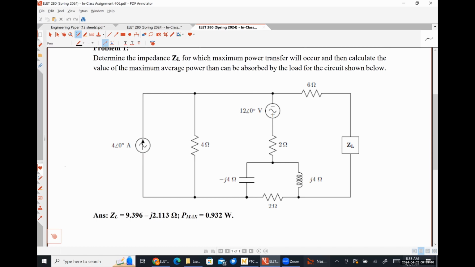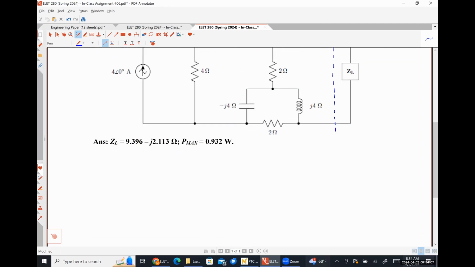So effectively what we're doing is I'm going to put a dashed line down here, and our goal is to find the Thevenin equivalent of everything to the left of that dashed line.